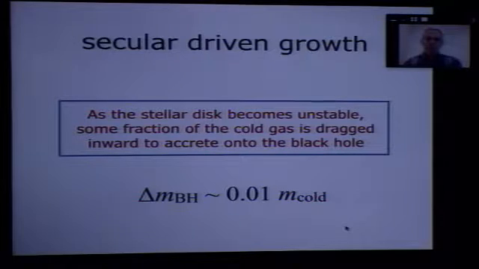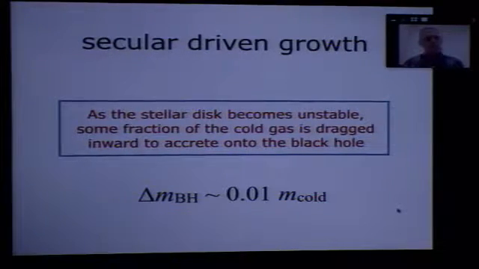And so let's build our black holes now through secular-driven processes. So as the disk becomes unstable, some fraction of the cold gas is dragged inwards and accretes onto the black hole. So we'll totally turn off growth through mergers. So merger-induced growth, that's gone. And now we have a Toomre criterion that measures the stability of the disk in the model at each time step.